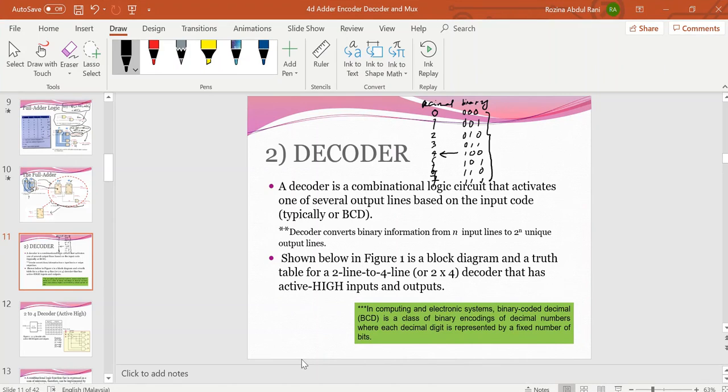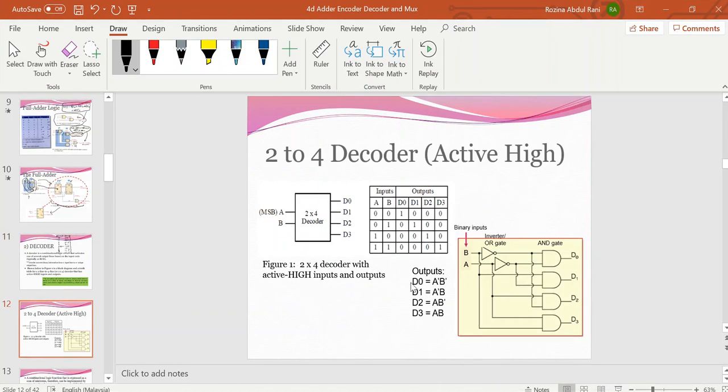Now let's consider the 2 times 4 decoder that has active high inputs and outputs. This is the 2 to 4 decoder with high input and output.